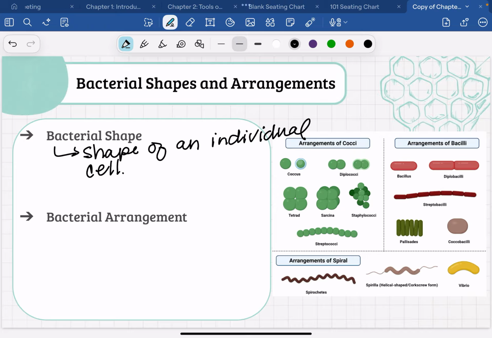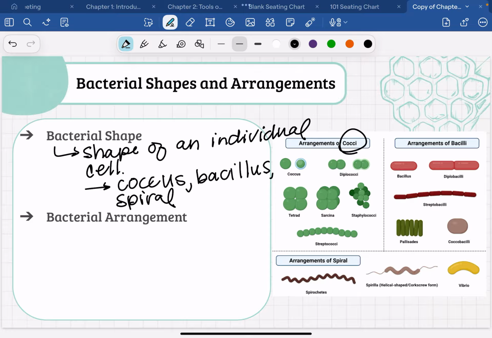The 3 major ones, and the only ones that you have to know for this class, are cocci, or I guess the individual, a single bacteria is called a coccus. Plural is cocci. Coccus, bacillus, and spiral. Okay, and you can see these over here.